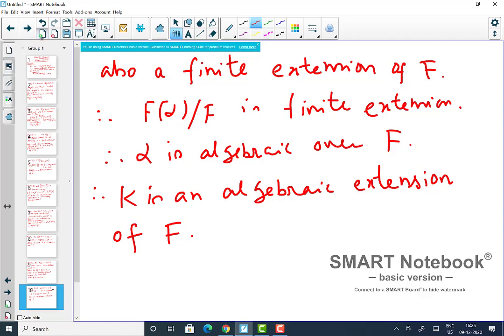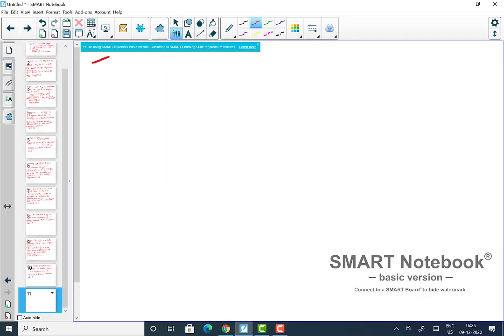Okay, so let me start with this proposition or theorem. Suppose you have a field F, then K, and then L. So let us do it for three only, then we can do it for more also.